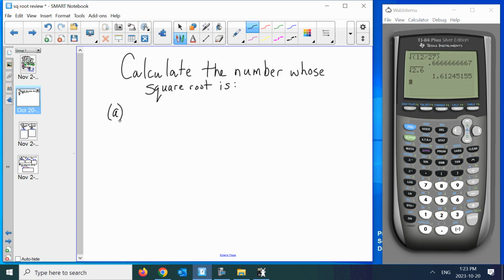Let's start with an easy one. So when I say this, calculate the number whose square root is 3, I think, and I'm going to put it in blue because you don't have to cut. I think, the square root of what equals 3?